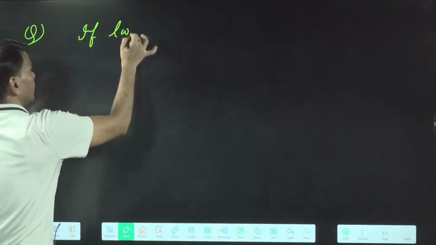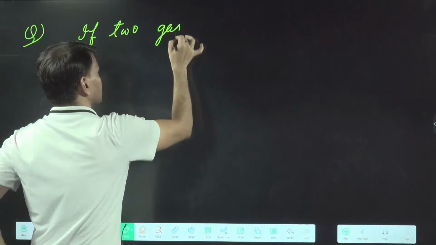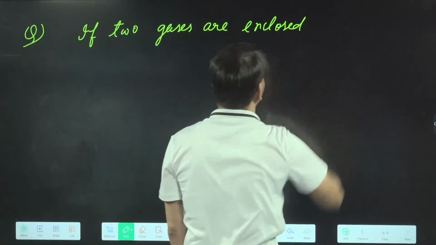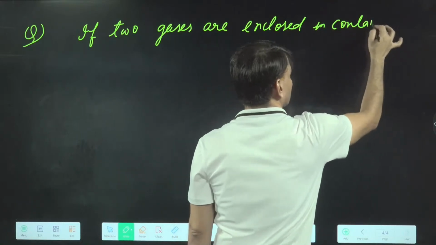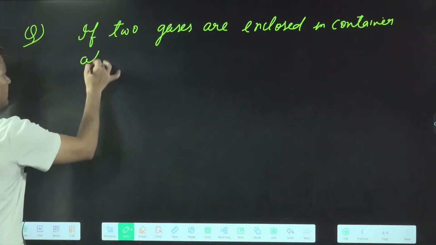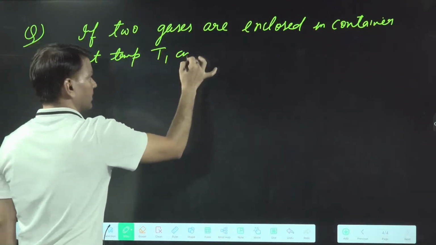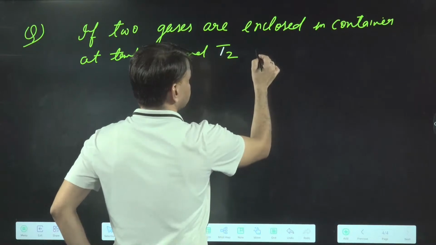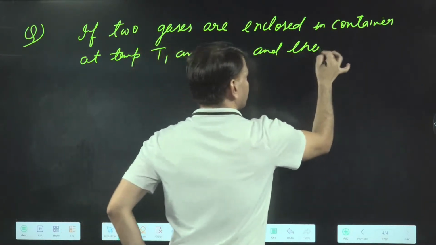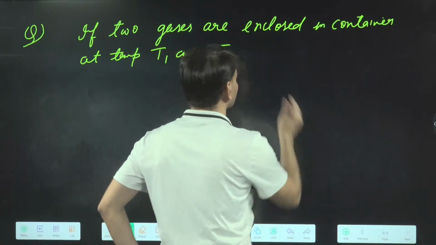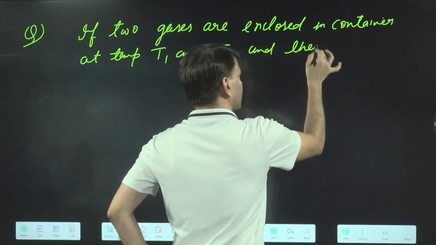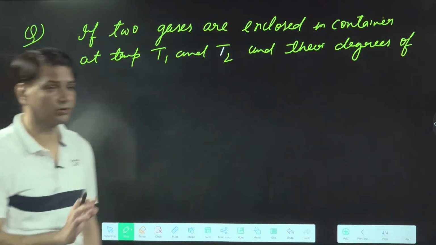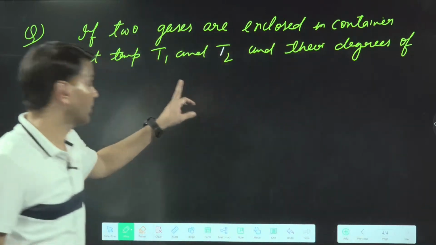So if two gases are enclosed in a container at temperature T1 and T2, and their degrees of freedom... If they do not give the data about the degrees of freedom, then we have to take the similar gas.